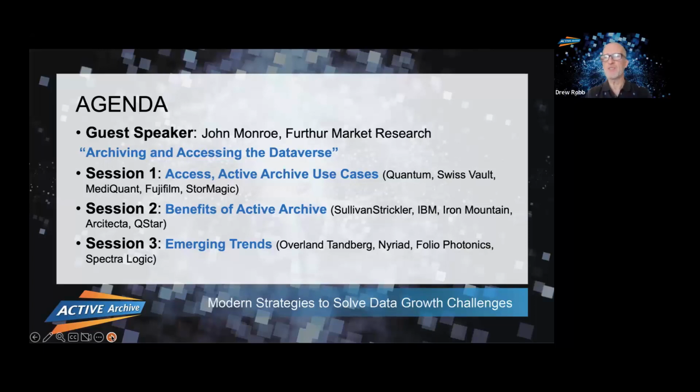Session two, benefits of an active archive. And session three, emerging trends. And there'll be various speakers for each of these sessions. Now, at the end of each session, there'll be a short time for Q&A if we have any questions and as time permits. And you'll see down the bottom of the screen there's a place where you can enter a question in the Q&A box.